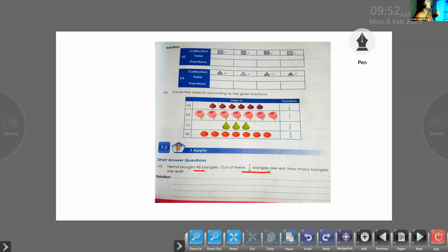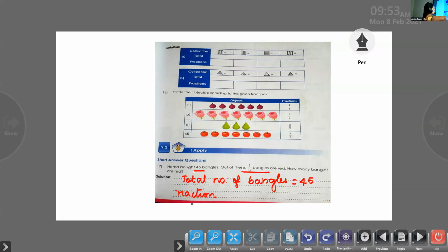All of you try to find out. We can write the step first. What will be the first step, Parvana? Total number of bangles, that is enough. Total number of bangles equal to 45. Next we have to find number of red bangles, isn't it?